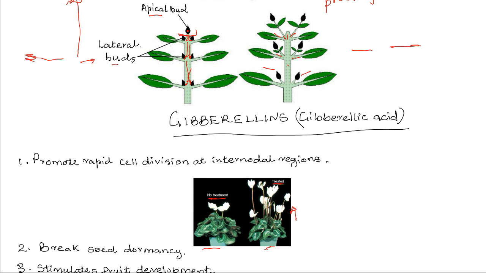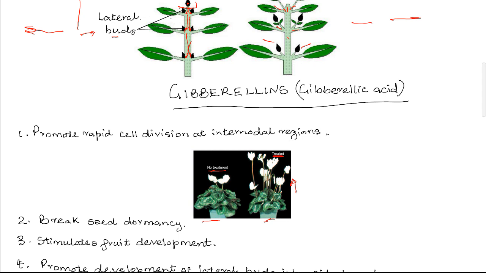Another effect of gibberellins is breaking of the seed dormancy, and they do this by activating hydrolytic enzymes in the seed. Thirdly, gibberellins stimulate fruit development even without fertilization, even without pollination.